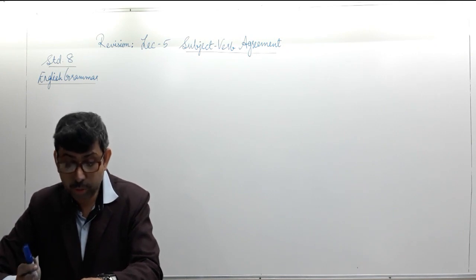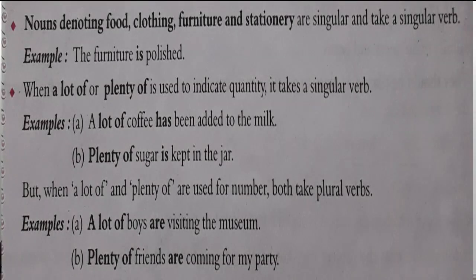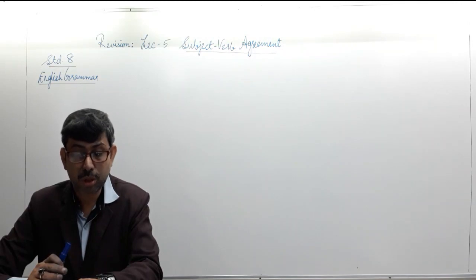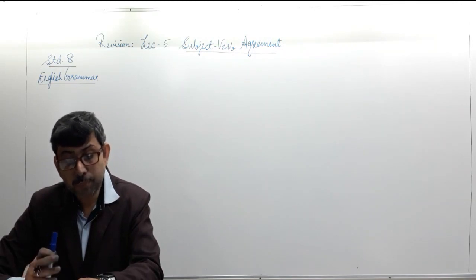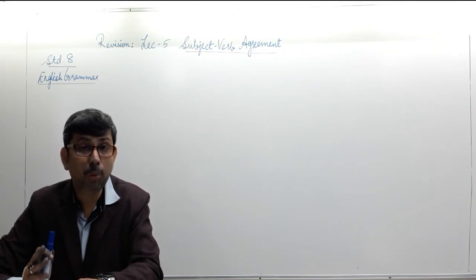But we have an exception to this rule. When a lot of and plenty of are used for a number, something that is countable, both take a plural verb. For example, we say a lot of boys are visiting the museum. Here, the noun has changed from sugar or coffee to the word boys, where boys is a countable entity.